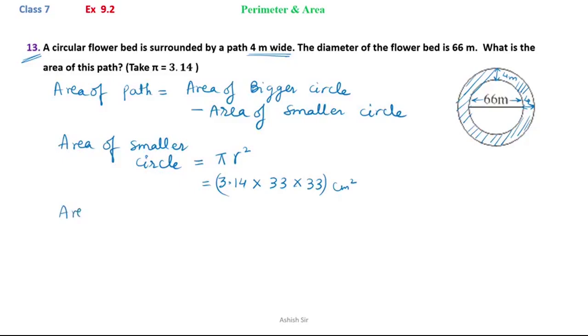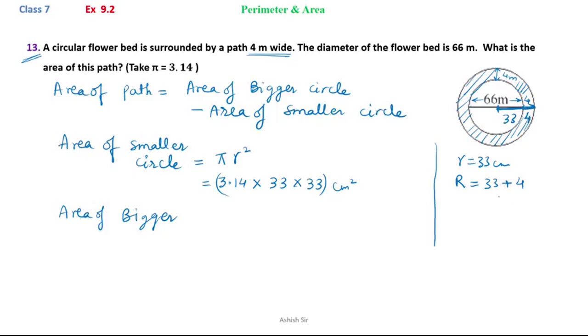Then area of bigger circle. For that, we need to find out the radius first. Now we know that the radius of the smaller one is 33 meters. Now the radius of the bigger circle will be 33 plus 4, as the radius of the smaller circle is 33 and the width of the path is 4.